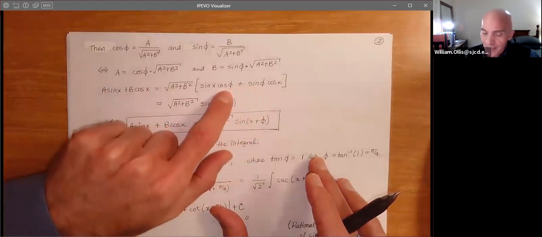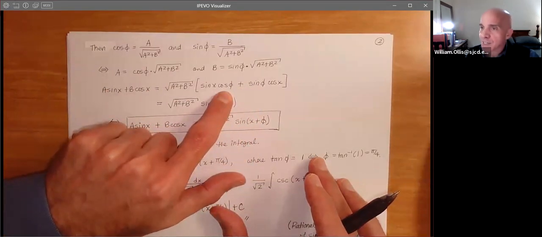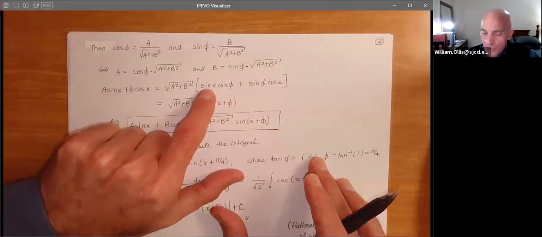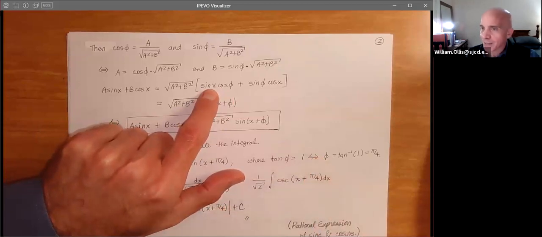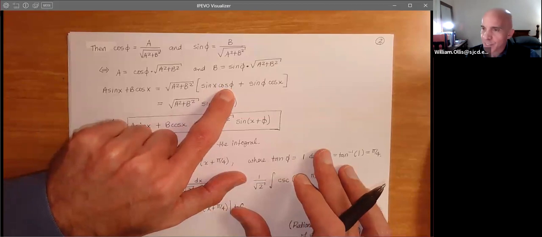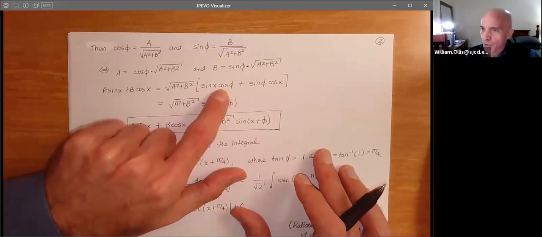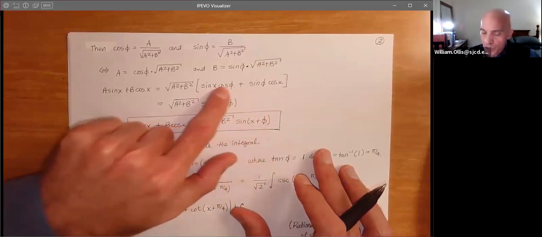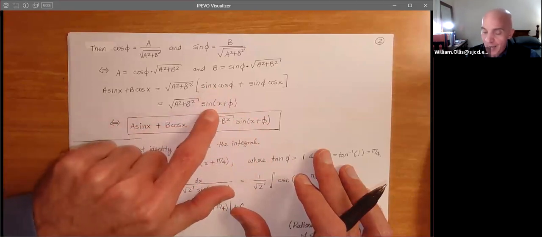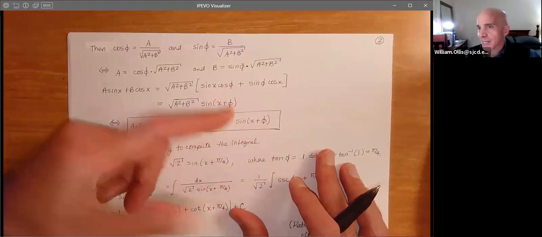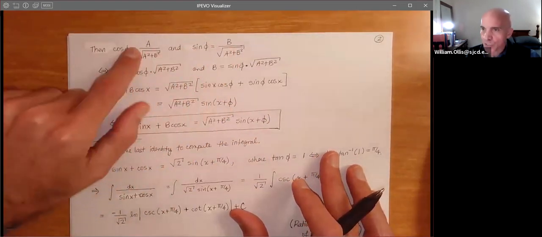And so we basically get the sum formula for the sine function. And so again, x is taking the place of a when I write them, and phi is taking the place of b, or you can use whatever letters you like. But this is just the sum formula for the sine function. That is, this is sine of x plus phi. Of course, I can't use the a's and b's because I'm using them here.